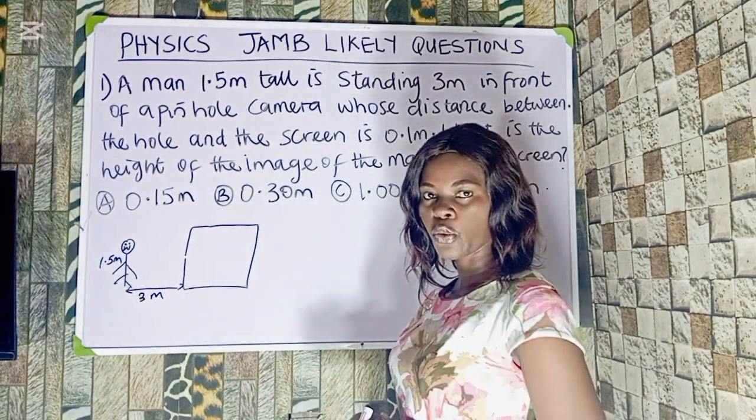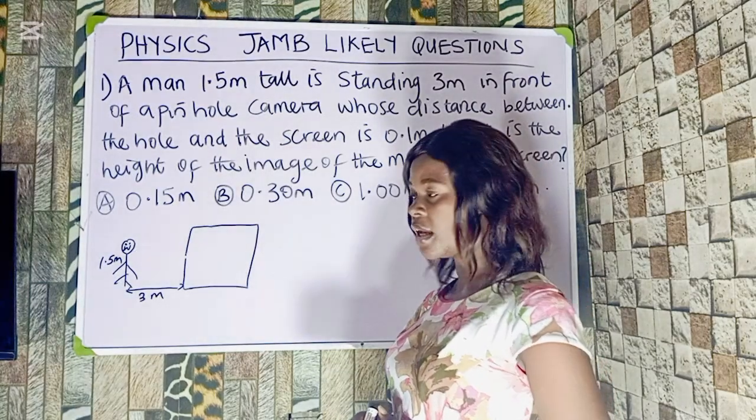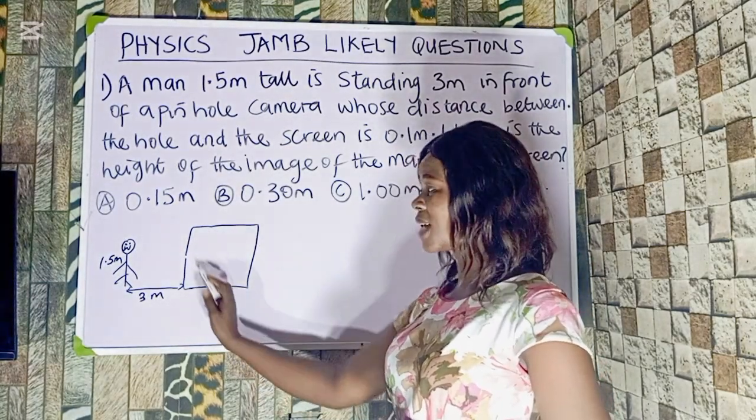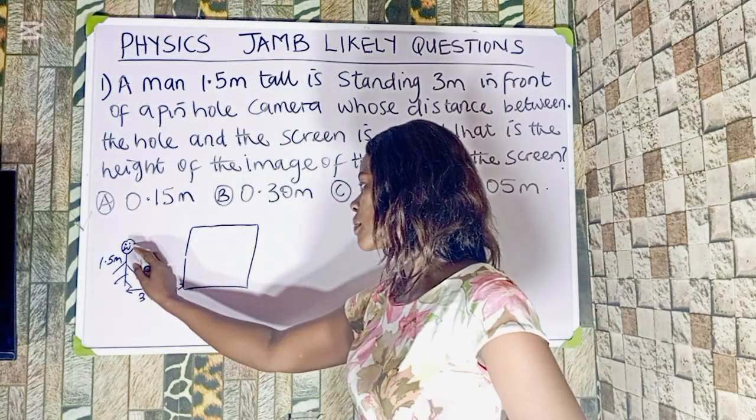The distance between this man and the pinhole is 3 meters. Remember, a pinhole camera always forms an inverted image, because of the intersection that occurs at this middle point, the pinpoint.